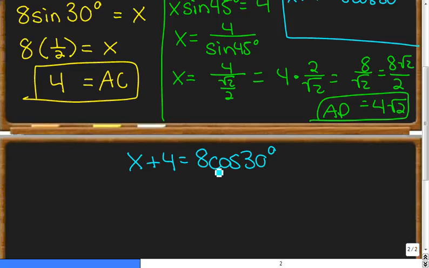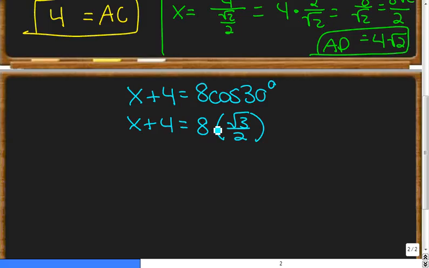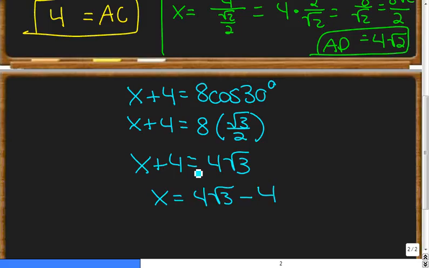From here, we can replace the cosine of 30 with the square root of 3 over 2. Now this one works out pretty well, because 8 times the square root of 3 over 2, we can just link those together, and 8 over 2 is the same thing as 4. So x plus 4 equals 4 square root of 3, and we get x to be 4 square root of 3 minus 4. That's the same thing as our BD.